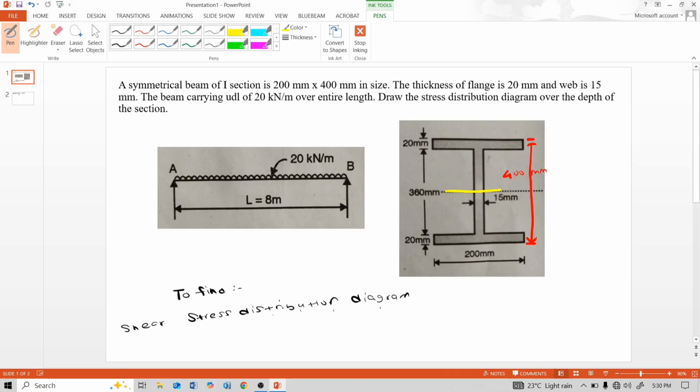And to find the position of neutral axis, we directly divide this 400 mm by 2. 400 divided by 2, that means 200 mm is the position of neutral axis.